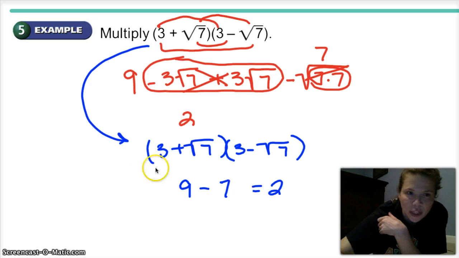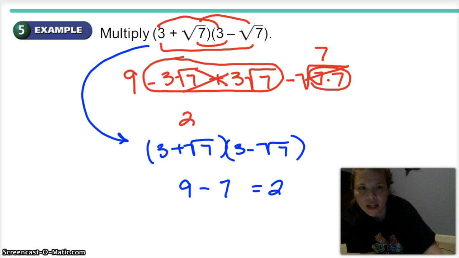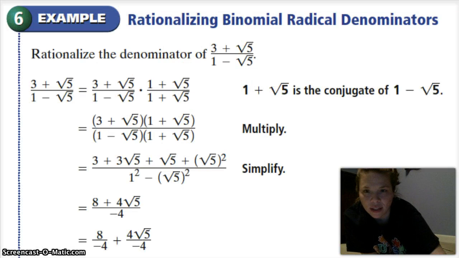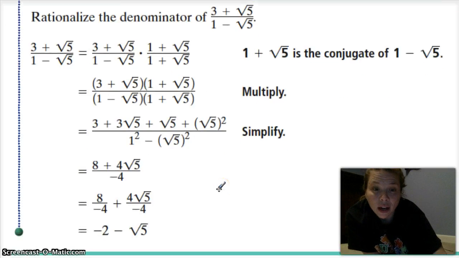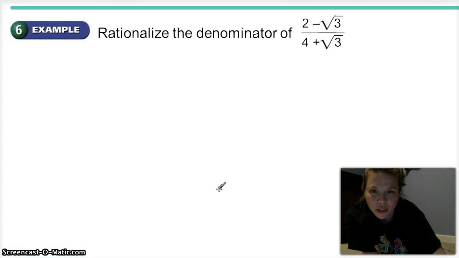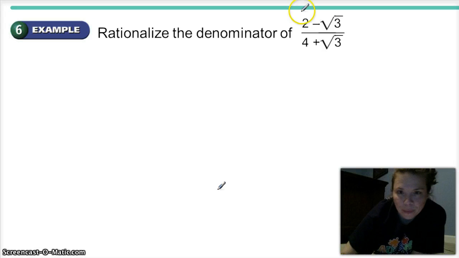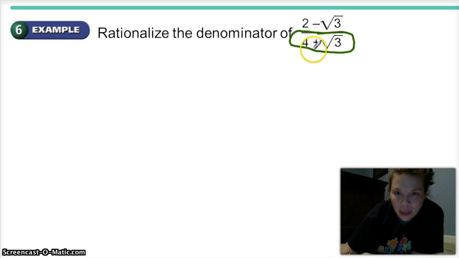Okay, now we just need to look at example 6, if I'm not mistaken. Well, for heaven's sakes, there is the rationalizing the denominator using that conjugate information that we've just learned. Okay, so to rationalize this denominator, we look at the denominator.